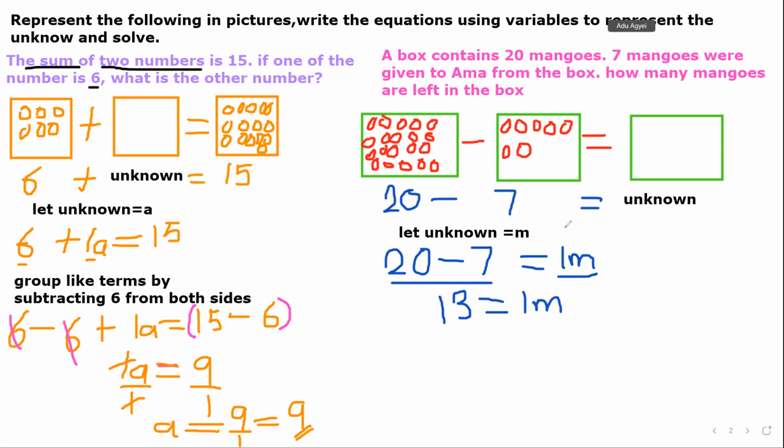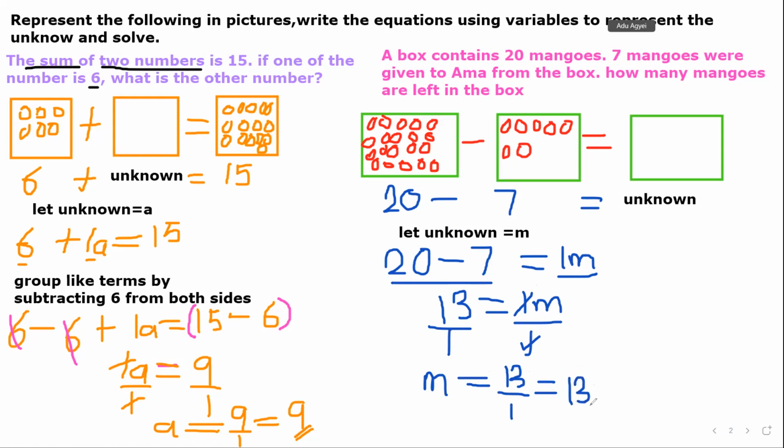To find the M, which is attached by 1, you have to divide both sides here by 1, so that this one will take care of this one. Now M is free, which is equal to 13 over 1, and that is 13.